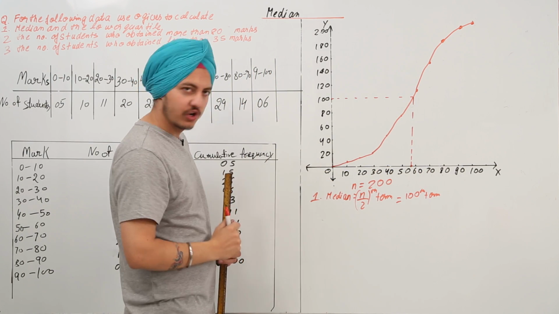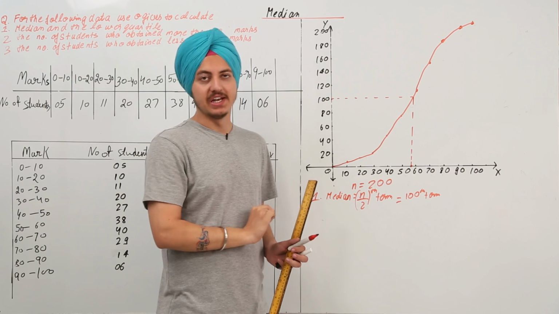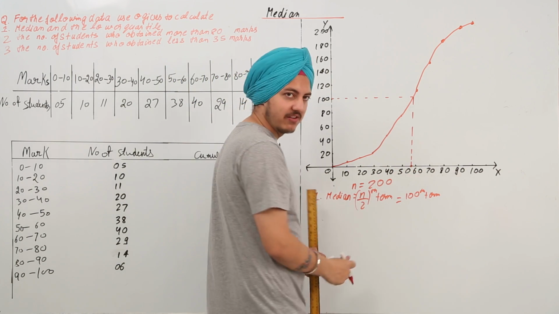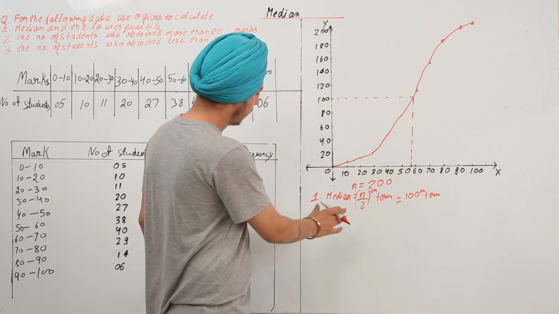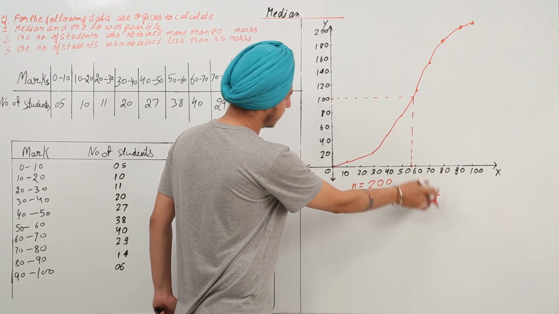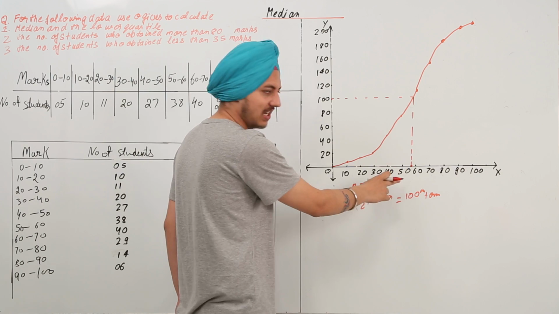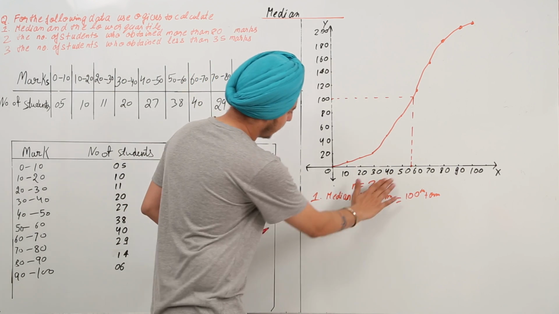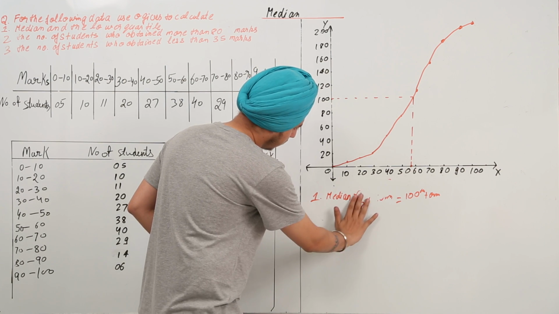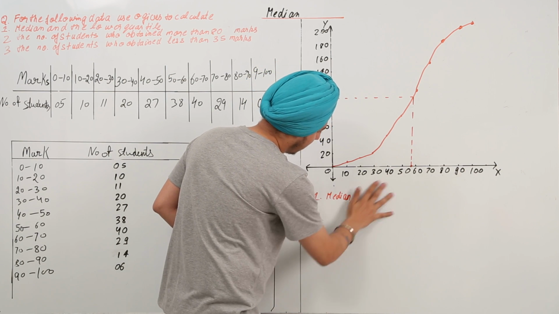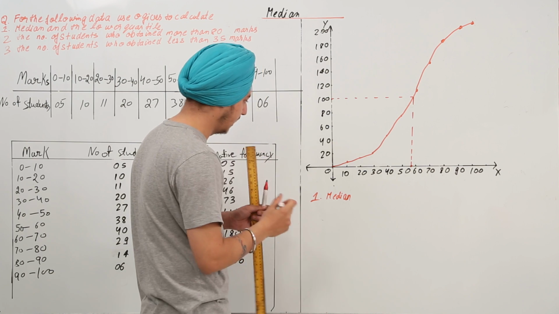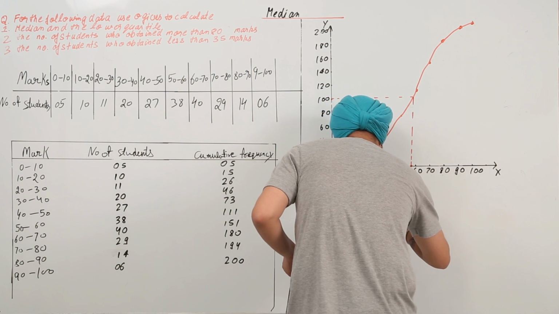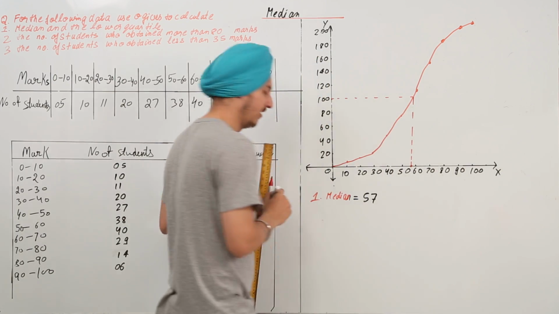So the abscissa for this point is our median, and the abscissa for this point is approximately 57, right? So this is the formula for the median, the 100th term, and the abscissa for this is 57. So I would again rub all of these, and I would write that the median is equal to 57.